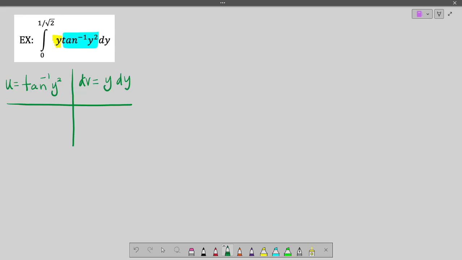So here is our integration by parts recipe. Now we need to get du. Remember, the derivative of arctan x is 1 divided by 1 plus x squared. We have to be a little careful. First off, we're using y's instead of x's. So it's going to be 1 over 1 plus y to the 4th, because whatever is inside the arctan gets squared.